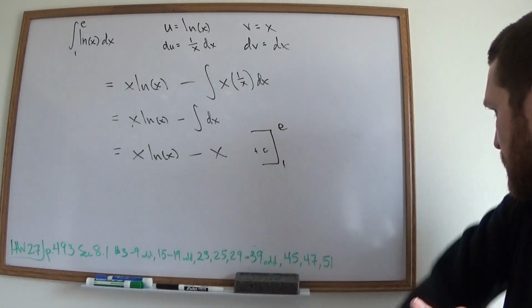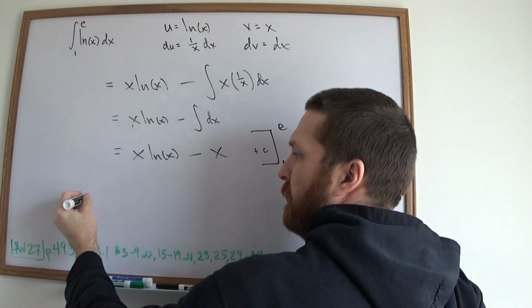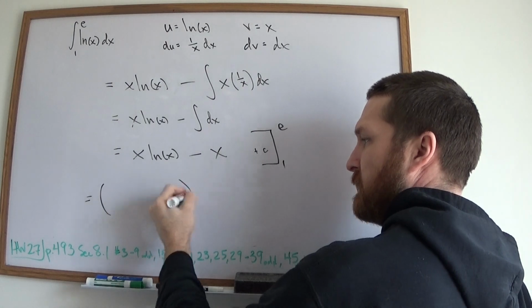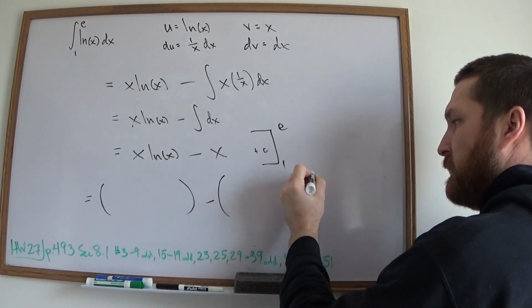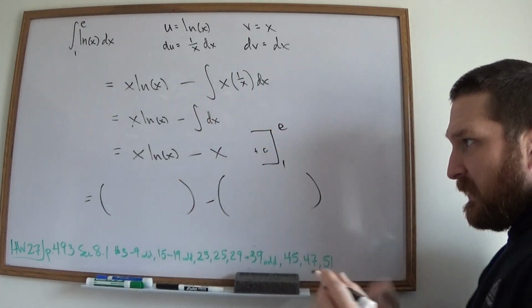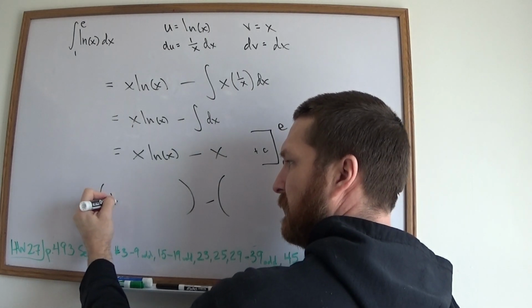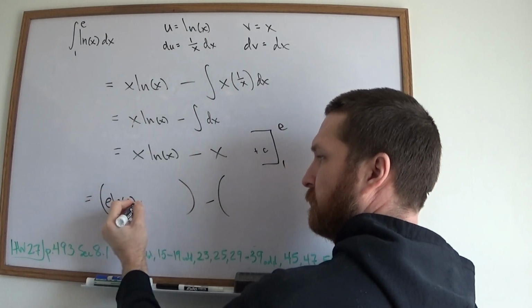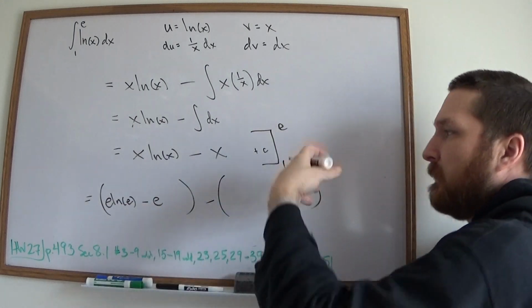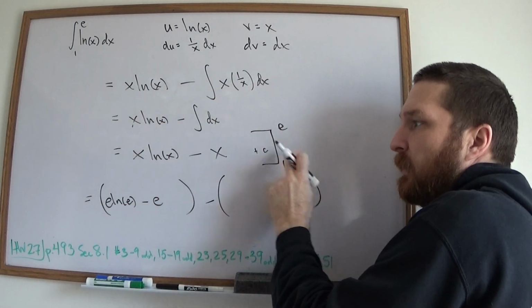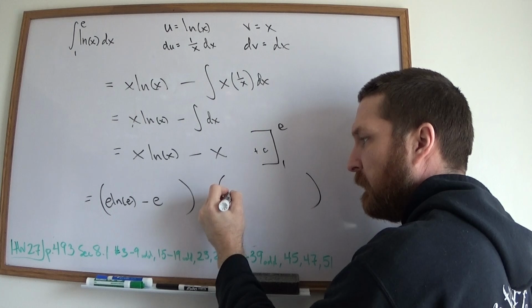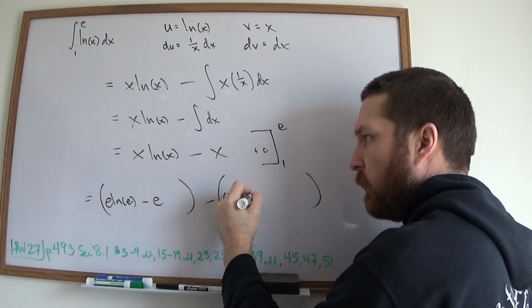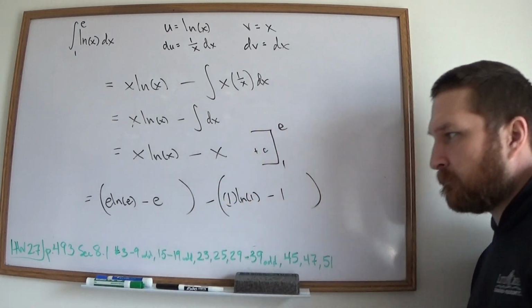Now that constant's not going to matter, so it's going to be what happens when I plug in e minus what happens when I plug in 1. Plug in an e, I get e log e minus e, constant, who cares? Plug in a 1, 1 log 1 minus 1.